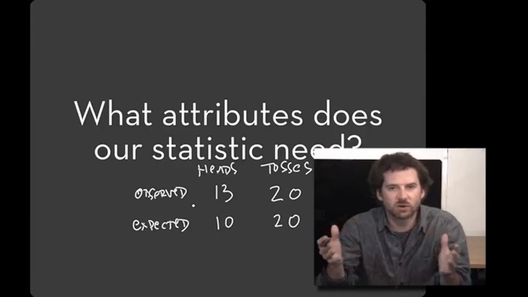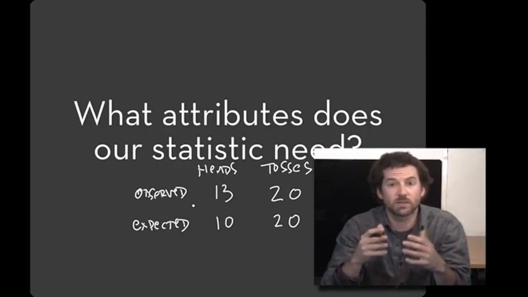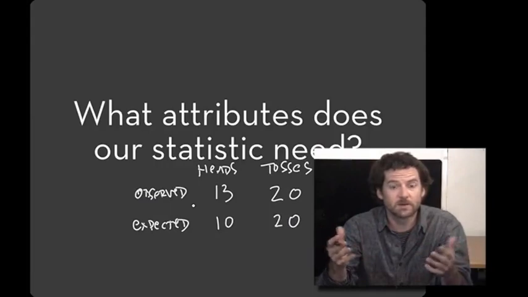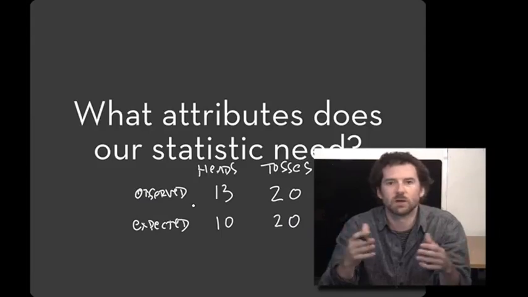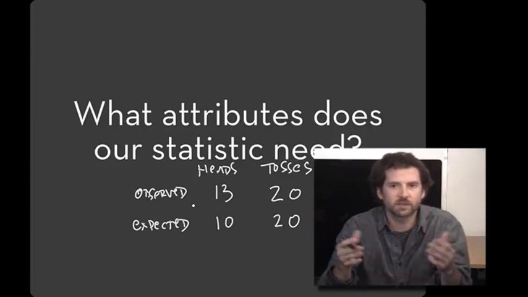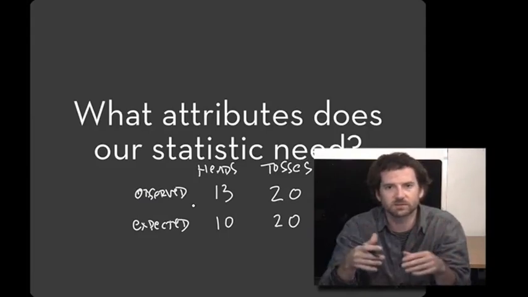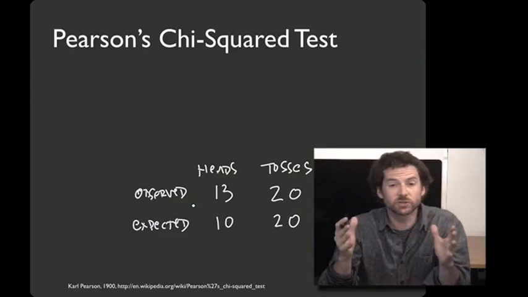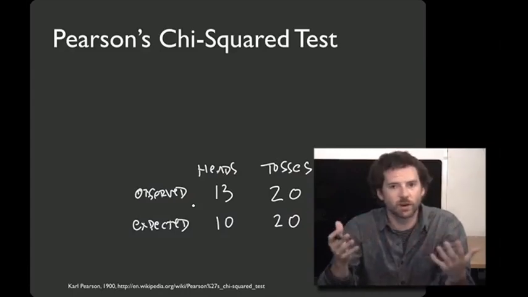If we had 1,000 trials and we saw a 30% rise in the number of heads, we might say that that's more unusual than if we had a couple of trials and had a 30% rise, because that's only a few. And so in this lecture, we're going to use the Pearson's chi-squared test.